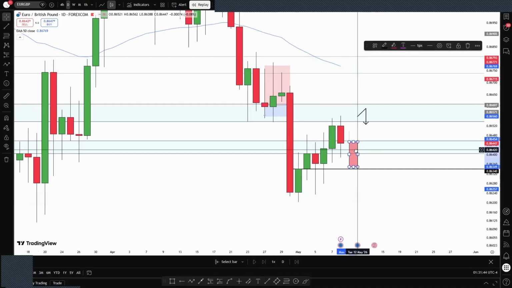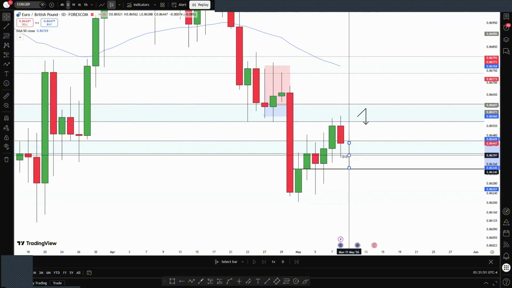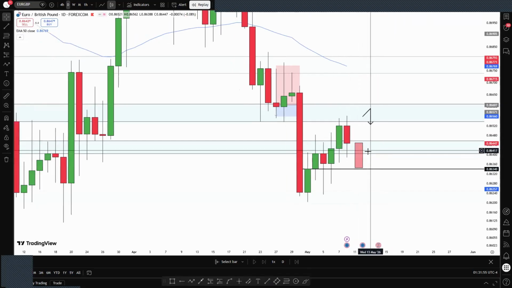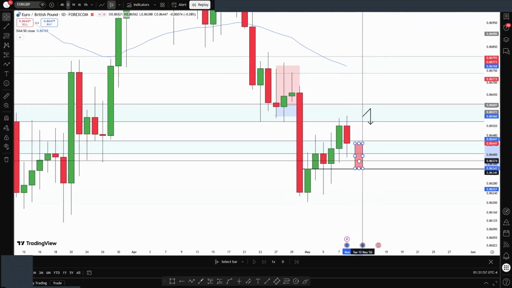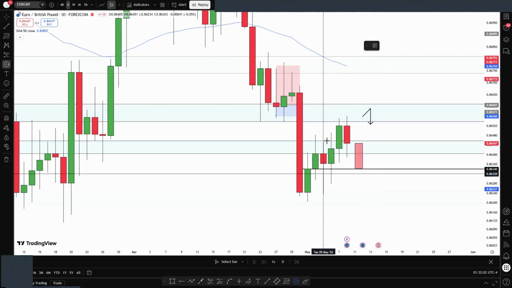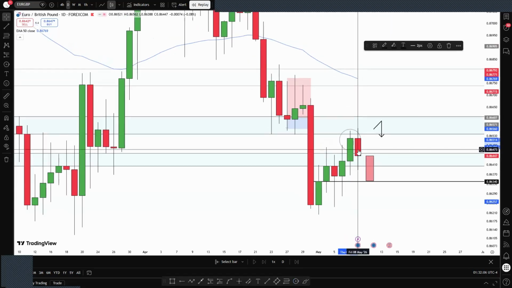So anyway, this is what I want. On a Monday, if we can have an engulfing candle at this level, then this pattern will be a very good confirmation for me to sell.